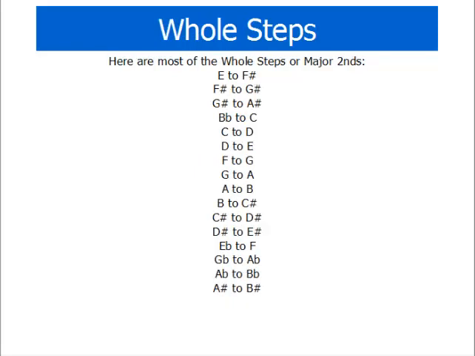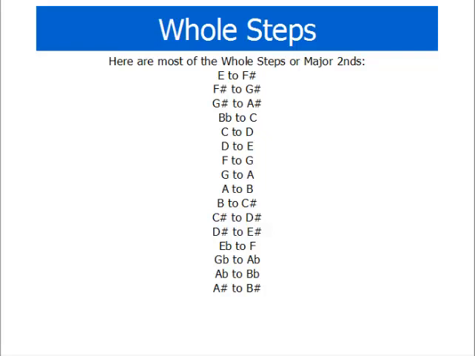And the whole steps or major seconds are listed here. E to F sharp, G sharp to A sharp, B flat to C. You notice now we're getting into these sharps and flats. You have to think of them in relation to the regular notes without the sharps and flats.